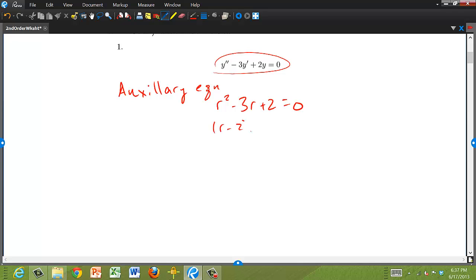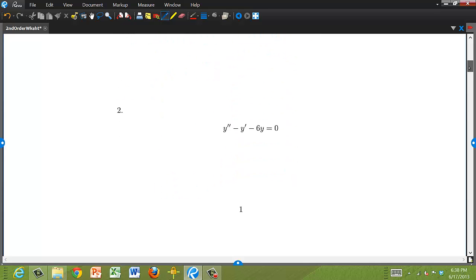This is r minus 2 times r minus 1 equals 0. So the roots are 2 and 1. And from that, I can build the general solution. y of t equals c1 e to the 2t plus c2 e to the t. And that's it.